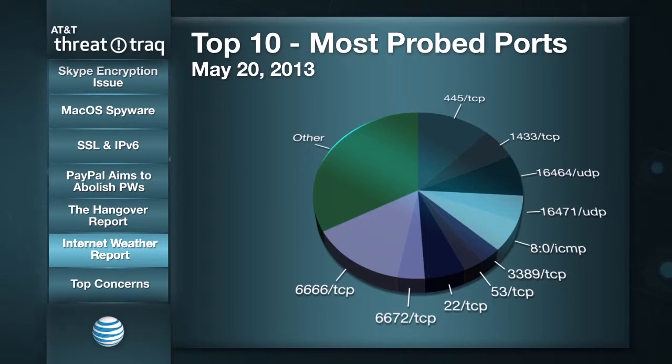Now, two that were new and a little bit different here: actually port 6666 TCP was the most prominent port in terms of scanning activity. It actually beat out port 445 TCP, which usually has the top ranking spot. And another one that showed up, 6672 TCP, which is related to that. So we'll take a little closer look at that one.